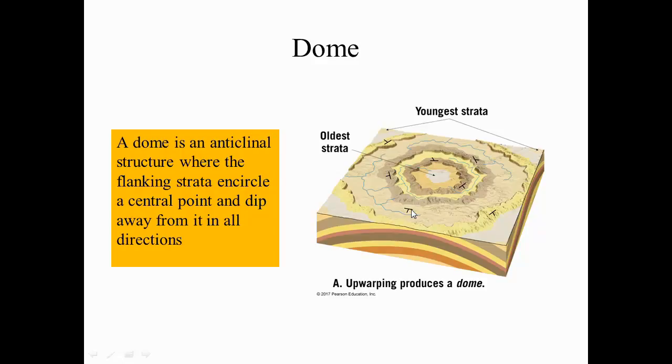If you look closely at this illustration, we find again that the strike portion of the symbol tends to parallel the contacts between adjacent strata. And since the strata dip away from the central point in all directions, we would expect the dip portion of the symbols to also point away from that central point.